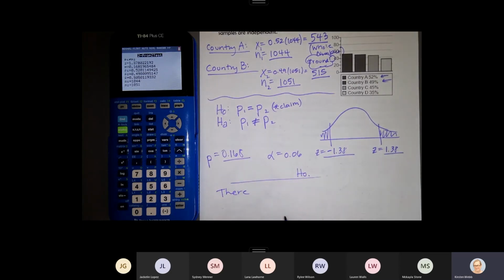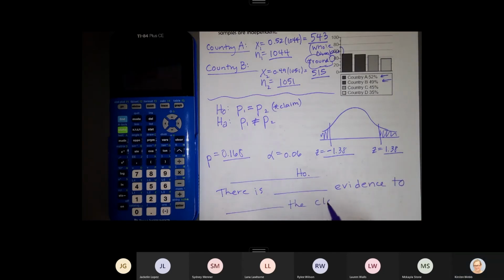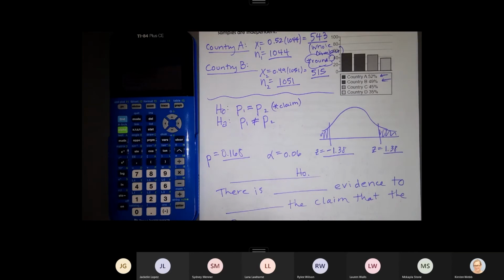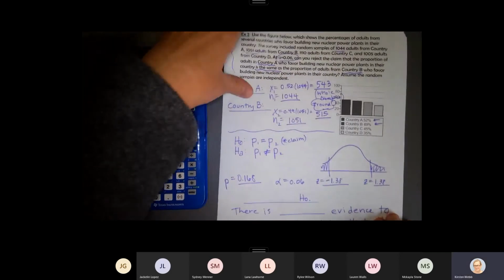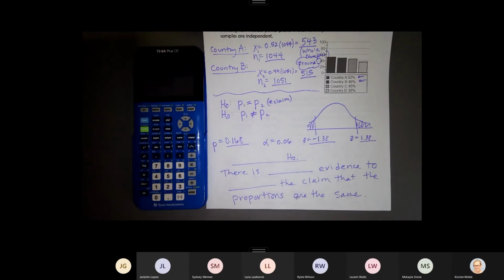When you're ready, fill in the decision and the words we're going to put in these blanks in our final interpretation or conclusion. So when you're ready, let us know what the decision should be in this case.